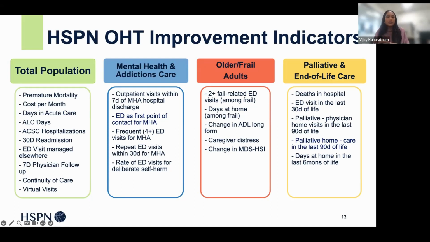And then moving on to mental health and addictions care indicators, we look at things like the number of patients that had frequent, so more than 4 ED visits for MHA, as well as repeat ED visits for mental health as well. And then for older and frail adults, we again have 5 improvement indicators. We look at falls, ED visits that were related to falls, as well as caregiver distress. And lastly, for palliative and end of life care, we look at things like deaths in hospital and ED visits in the last 30 days of life.